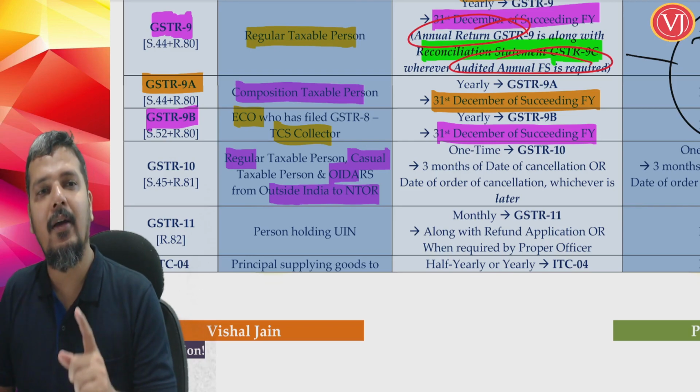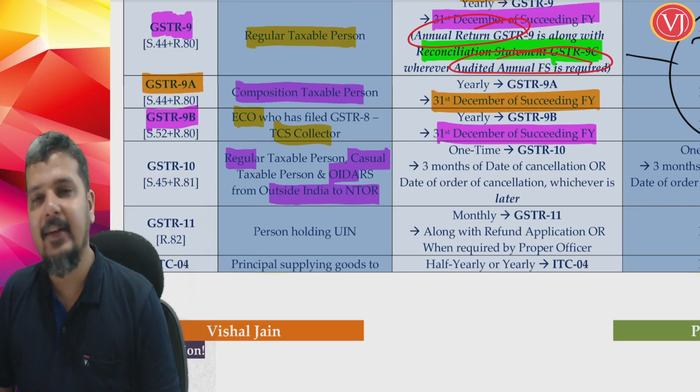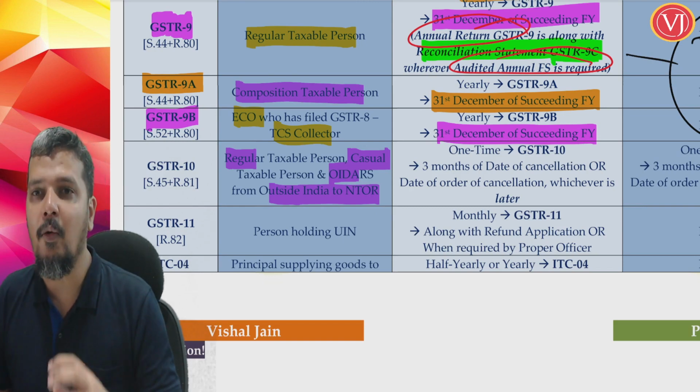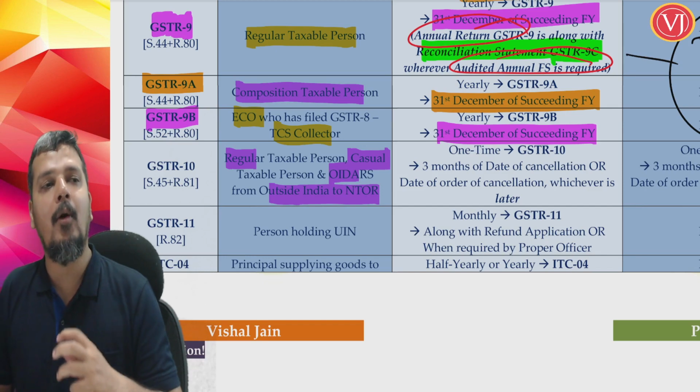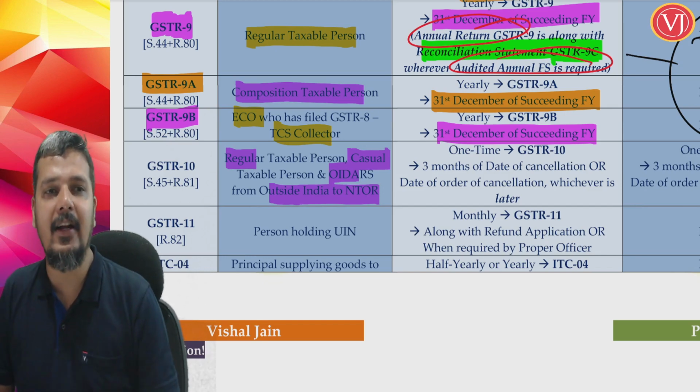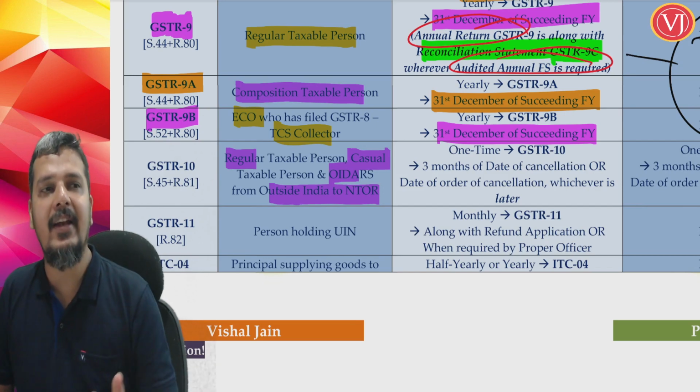Basically, it is only by RTP and CTP. The provision is drafted in such a way that the OIDAR supplier from outside India is also required to file it, but it really doesn't make sense for them to file that return because generally they don't have any credit. So submitting a final return is not useful.